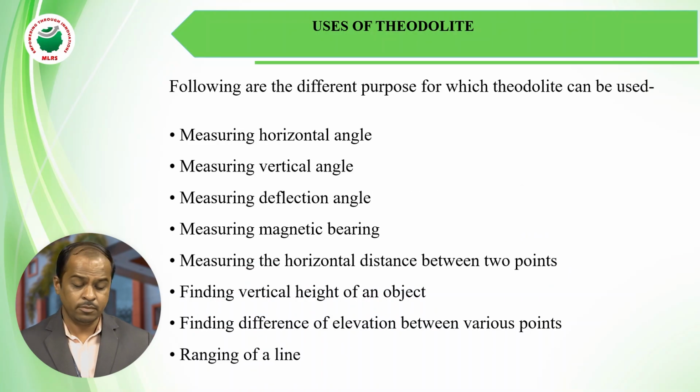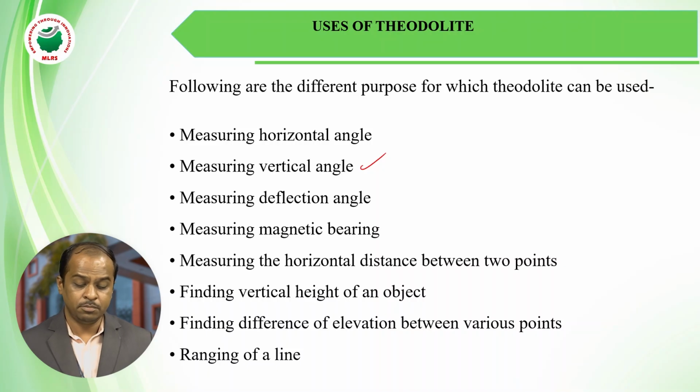The next one is the uses of theodolite. By using a theodolite, we can measure the horizontal angle between number of points, for example between two poles from the stationary point. Next is the measurement of vertical angle between the line of sight and the top of the building.